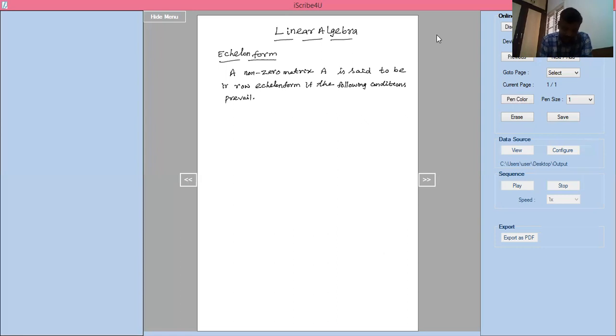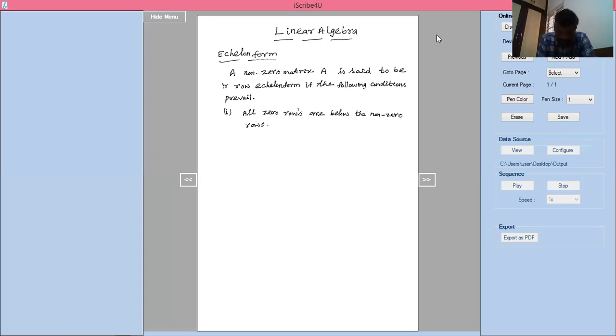First condition: all zero rows are below the non-zero rows.